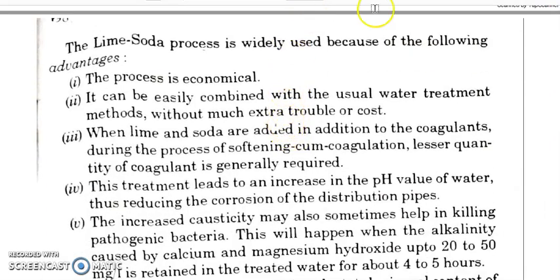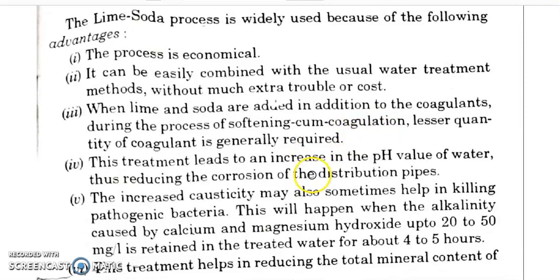Now the lime soda process is widely used and it has the following advantages. The process is economical. It can be easily combined with the usual water treatment methods without any extra cost or extra trouble. When lime and soda are added in addition to the coagulants during the process of softening and coagulation, a lesser amount of coagulant is generally required, right?